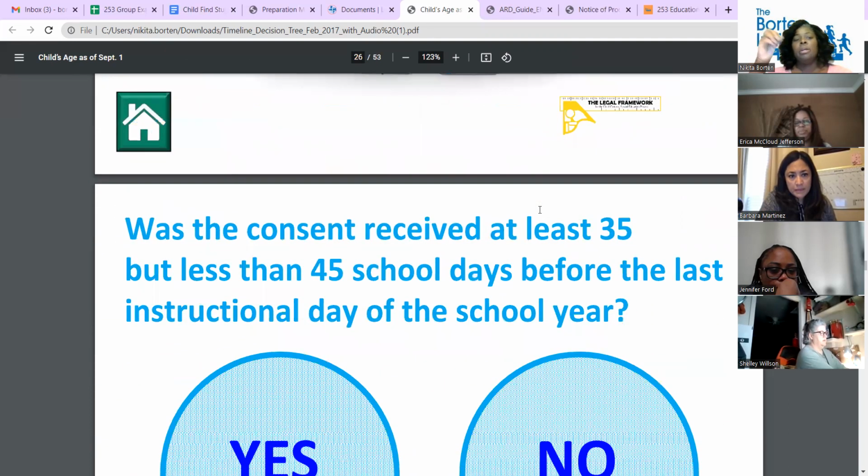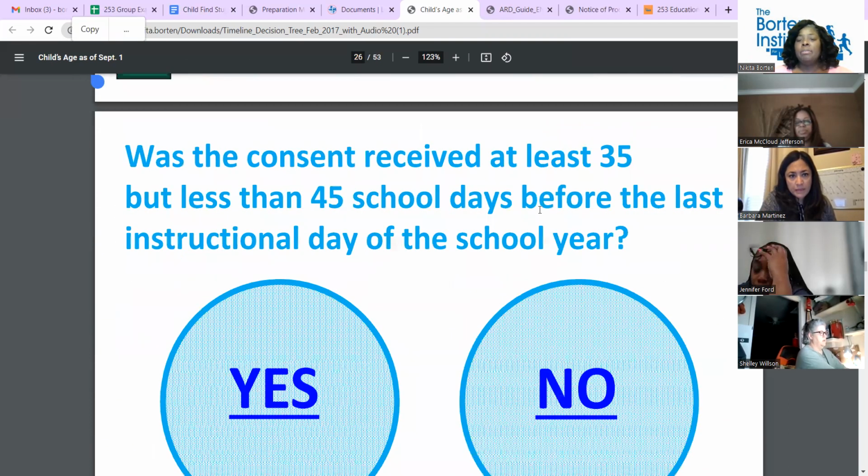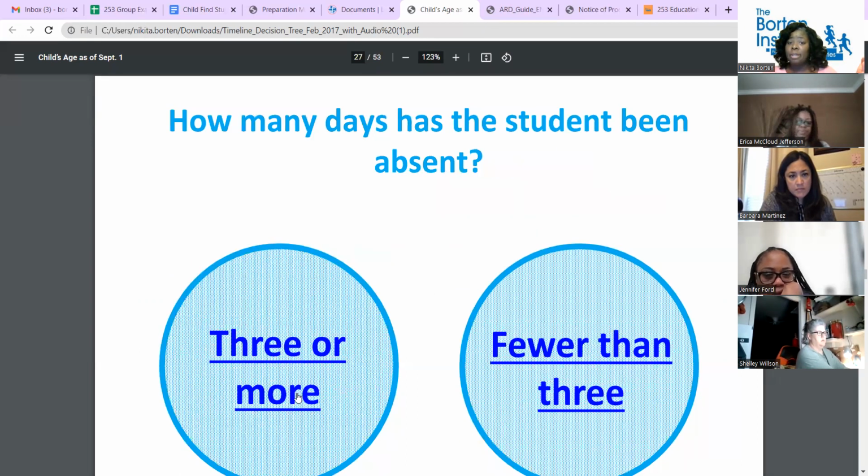Okay. Was the consent received in that weird 35 to 45 school days when it's due on June 30th? Did you get consent when the report was due on June 30th? Yes, I did. My report is going to be dated June 30th. Has the student been absent fewer than 3 days?